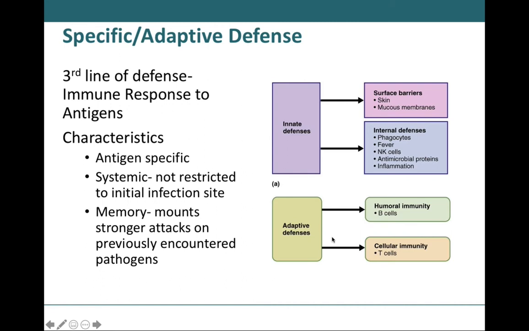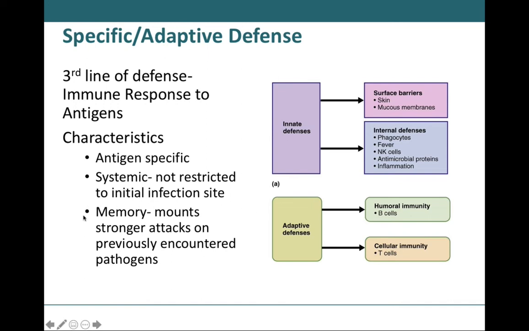Instead of offering general protection, if a particular pathogen is making its way into our body and causing us additional strain, certain immune cells can be employed to grab onto the individual antigens from those cells, process them, and then produce receptors that are specific for that antigen individually. Therefore, when that pathogen tries to make its way back into our body, our immune system is primed with receptors for that antigen before it even gets there.